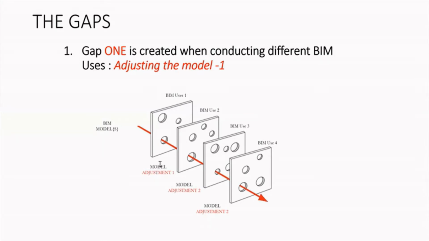Another example that I would want to give, this is a massive research and study that people are conducting. Each one is a research of its own. For example, between design authoring and energy analysis, the designer does the design, creates the BIM models, and forwards them over to the energy modeler. The energy modeler sees the design and then wants to make some adjustments. He can't make the adjustments in Revit, so he would probably make the adjustments in, for example, IES, or some other energy analysis software programs.